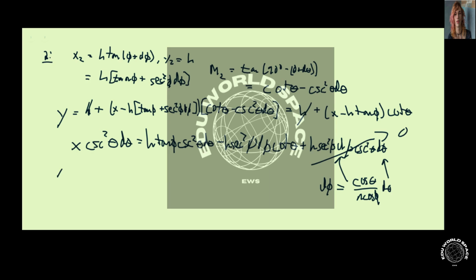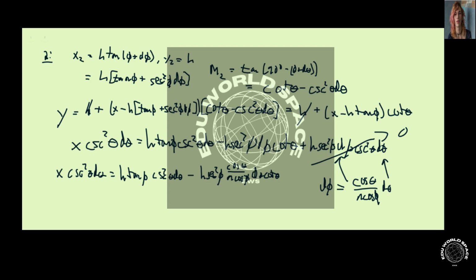And we should solve this to x cosecant squared theta d theta equals h tan phi cosecant squared theta d theta minus h secant squared phi cos theta over n cos phi d theta cotangent theta. Cool.